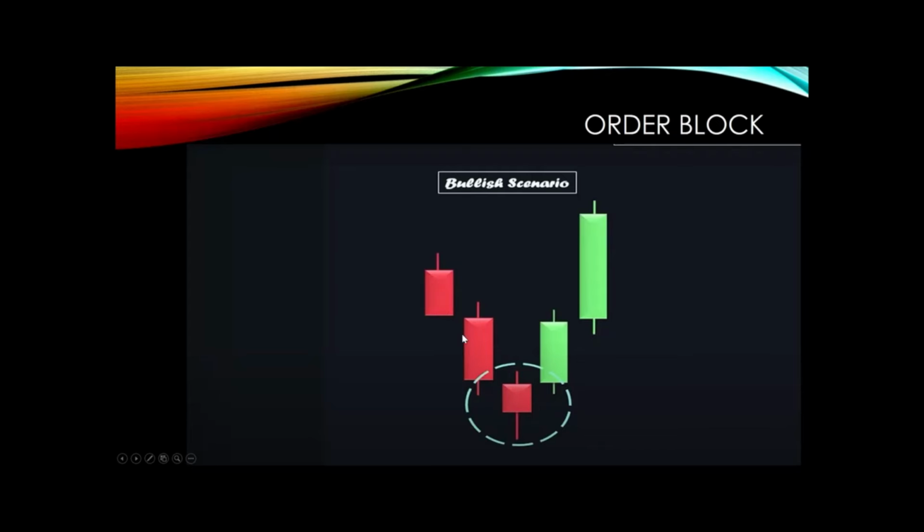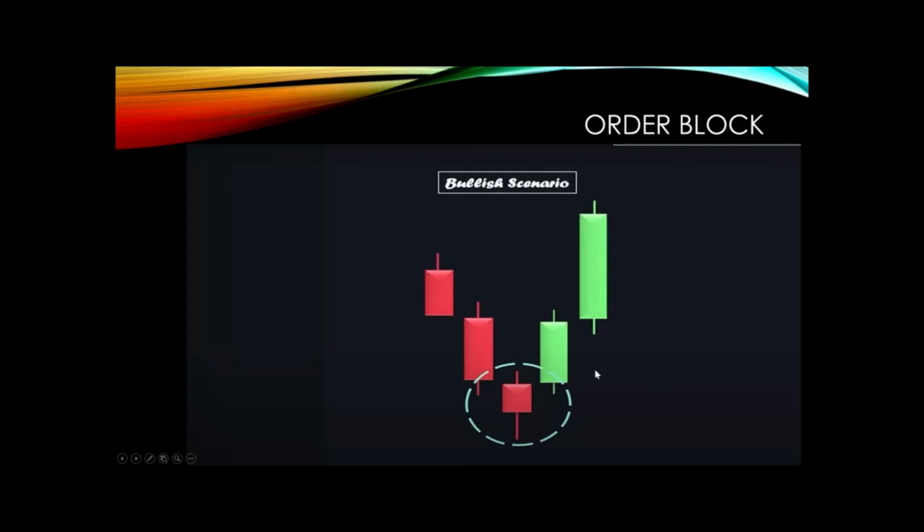In this case, they basically push the market to the downside, thus creating this last bearish candle that grabbed the liquidity of the previous candle, moving to the upside impulsively, breaking the structure, leaving a gap between these two candles. So thus making this a valid order block. So this is the area that we are basically looking at to enter our position.